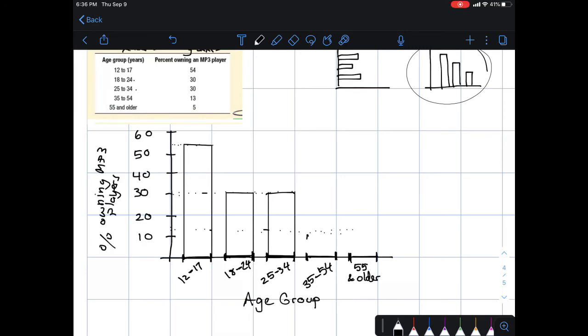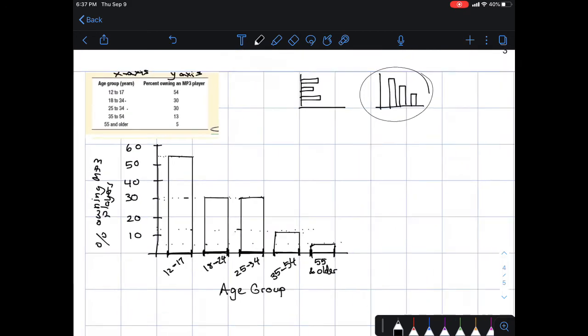Yeah, okay. That was horrible. There. Okay, and then the last category is 5, so that's literally halfway up to the 10. I don't think that's correct. All right, so more like that. And I'll just freehand this one. Okay. And there you have it.